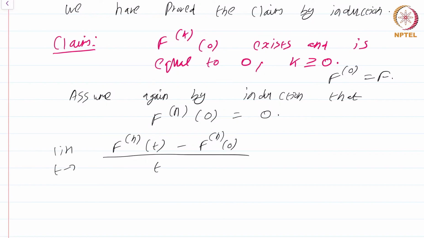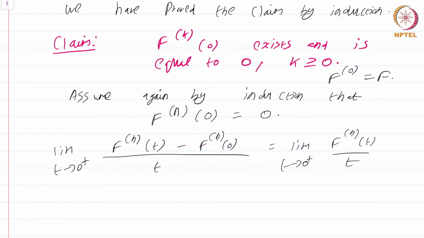This is nothing but the definition of the derivative from the right at the origin. We already know that f^(n)(0) equals 0 by the induction hypothesis. So this is just the limit as t goes to 0 plus of f^(n)(t) divided by t.